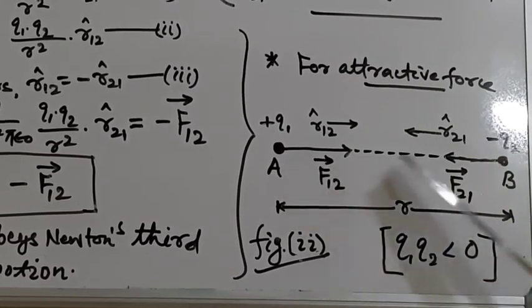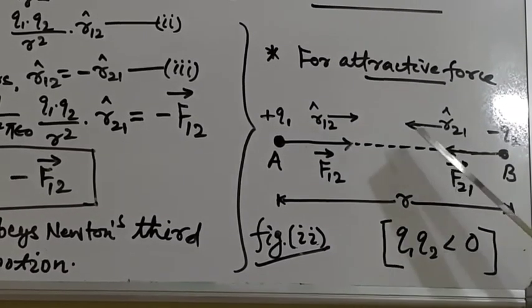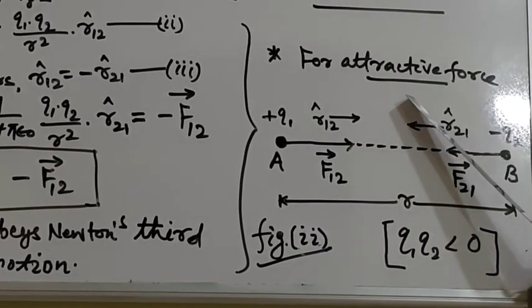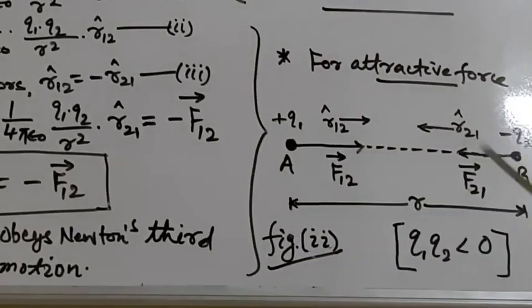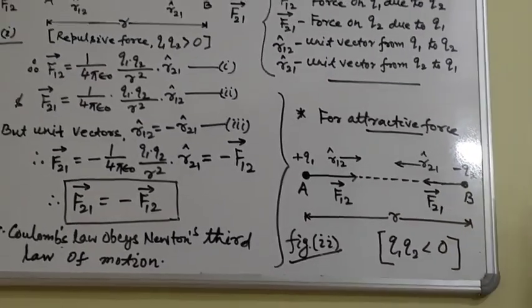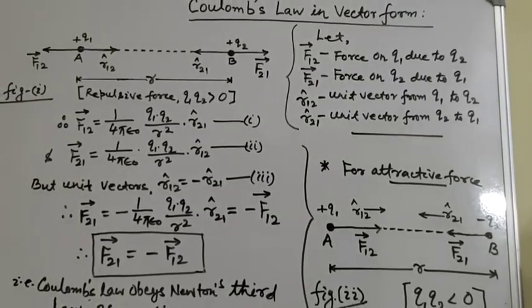The direction of the force will this time be inward, F12 and F21. So this represents the diagram for the attractive force. So this is the complete explanation of Coulomb's law in vector form. Now we shall solve the numericals on Coulomb's law which are given in your assignment.